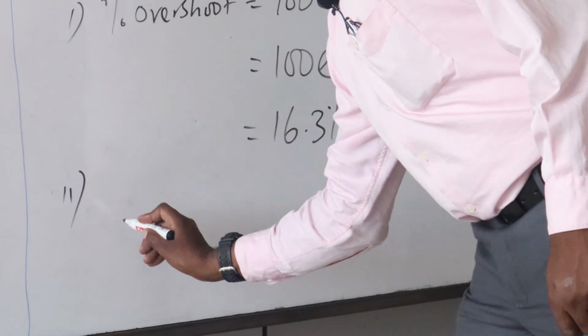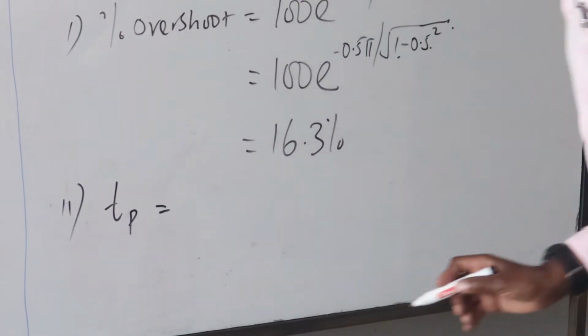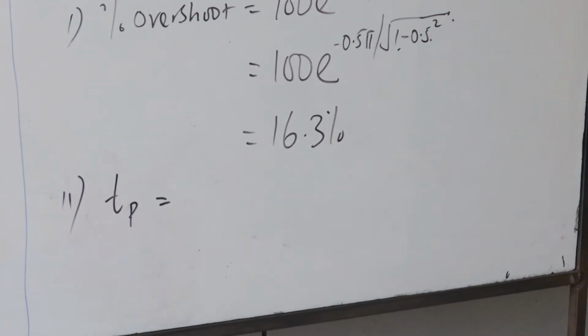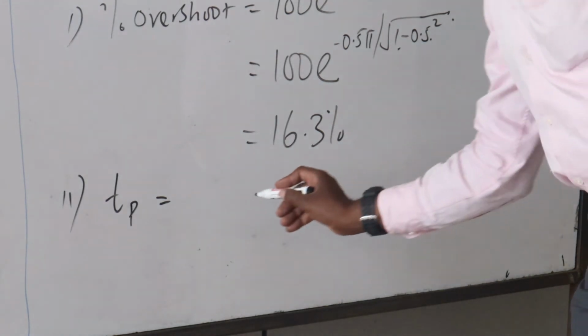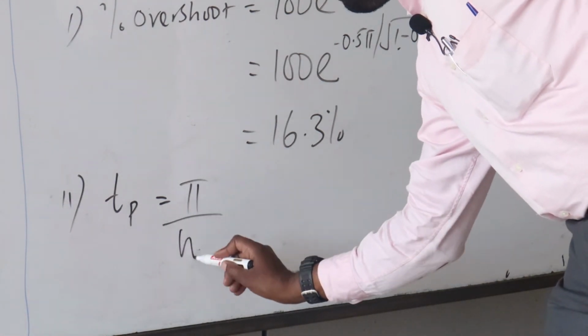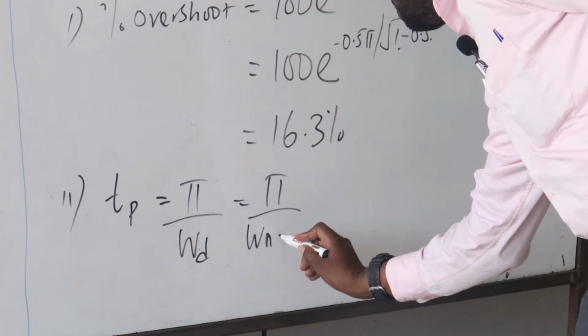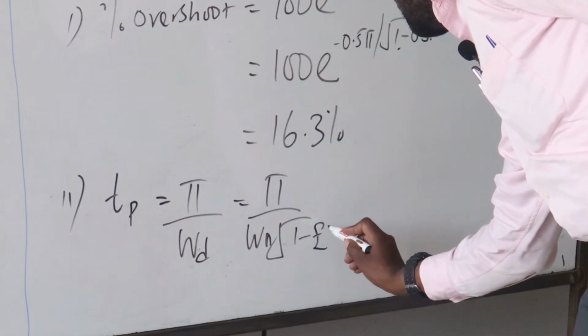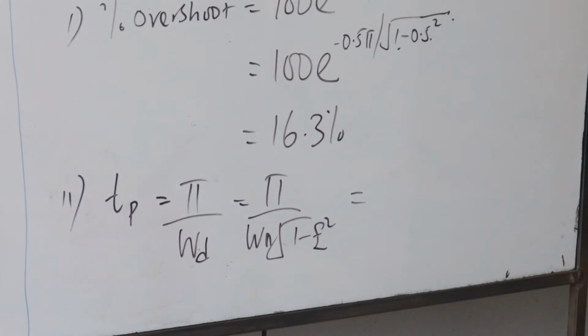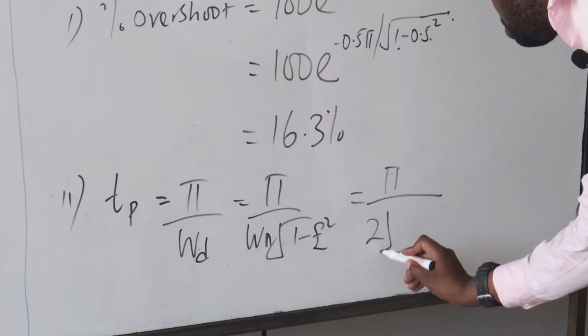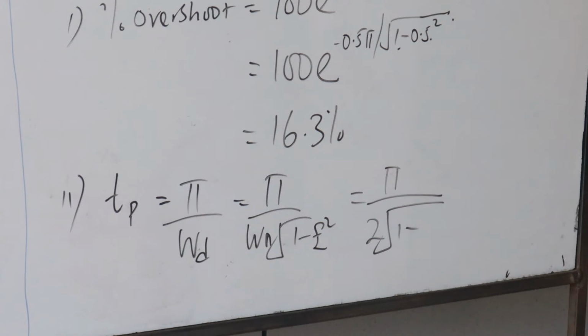We are talking about TP, and we remember that TP is given by pi over omega d, which is the same as pi all over omega n root of 1 minus zeta squared, which is now pi all over omega n. We found it to be 2, so we have 2 there, 2 root of 1 minus zeta squared.